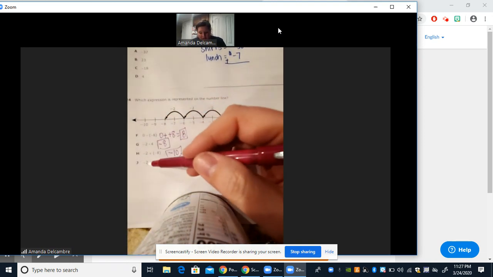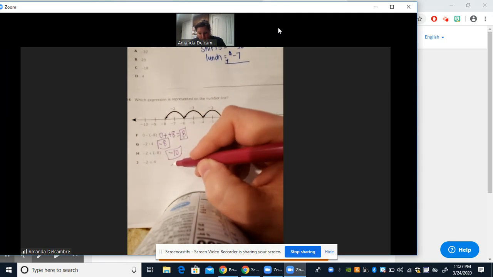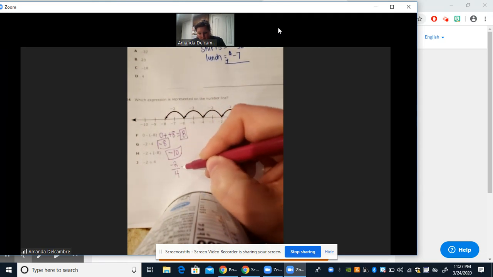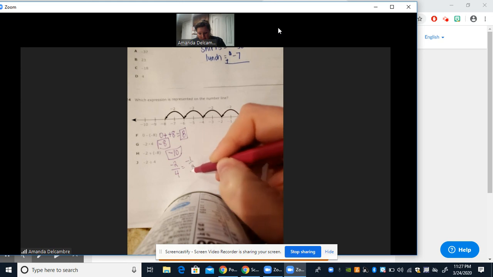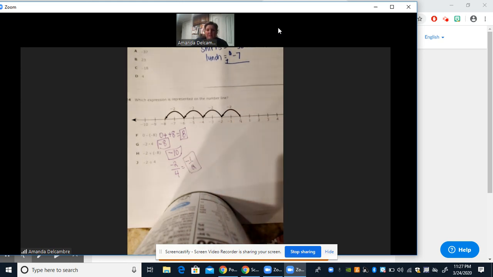And then we have negative 2 divided by 4, which is a negative 2 over 4, which reduces to a negative 1/2. So now all you have to do is look and see which one is going to give me the correct answer.